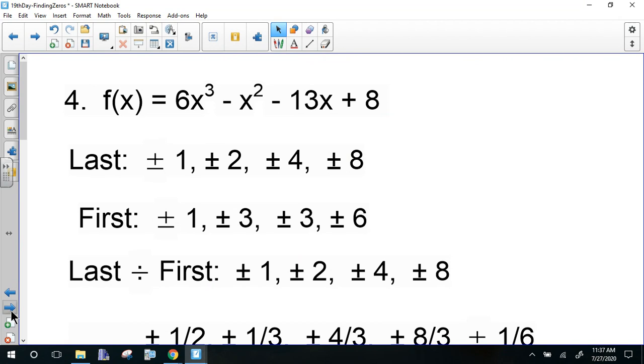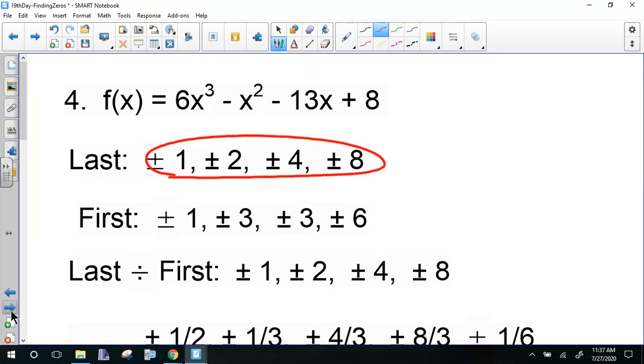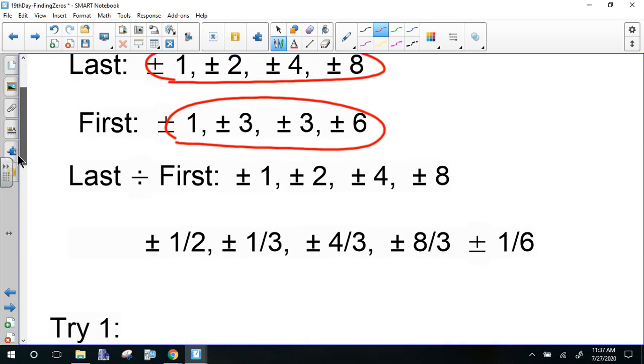Last one here. Factors of 8 right here. Factors of 6 right here. If I divide all those, I got 18 possible rational zeros.